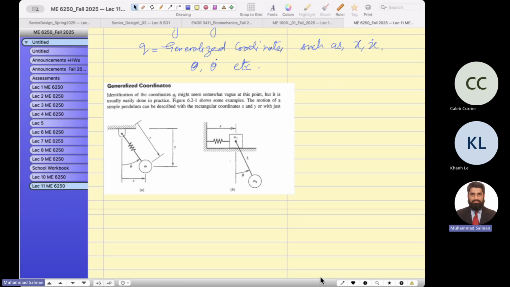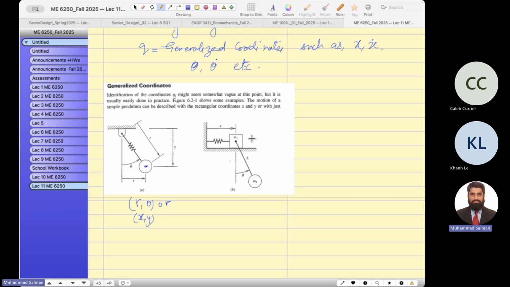This is the generalized coordinate, completely defined by theta. So r theta or xy are both equally acceptable to explain the position of this pendulum since it is moving in the xy plane.